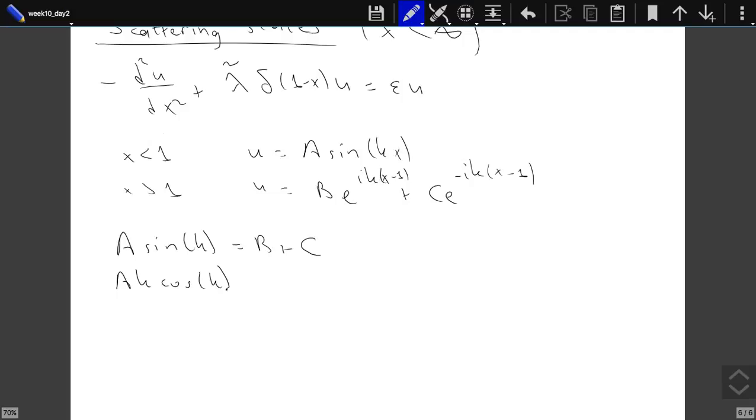Well, the derivative is not continuous. Sorry, you are right, we don't have the continuity of the derivative. So this is one condition we have. The derivative will be discontinuous.